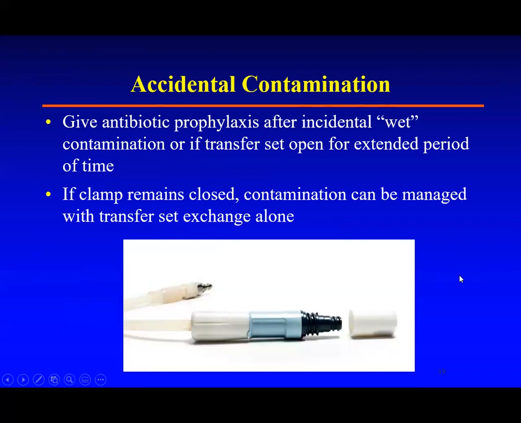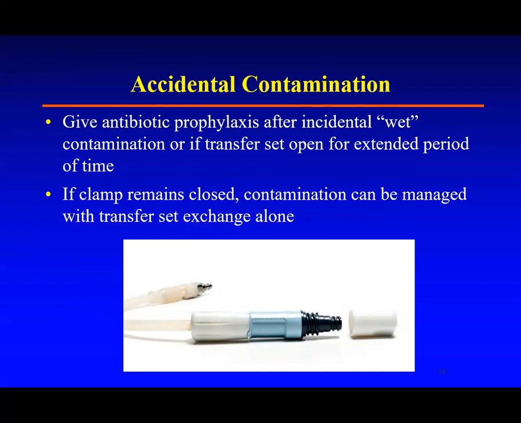Now, intraluminal contamination is, of course, important, and for that we want to avoid accidental contamination. If a contamination does take place, if it's a wet contamination, i.e. the transfer set is open and there is communication between the external environment and the intraperitoneal space, then you need to give antibiotic prophylaxis.